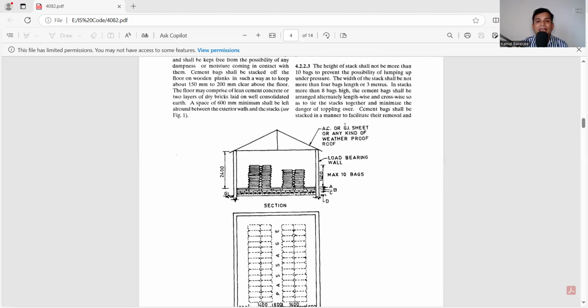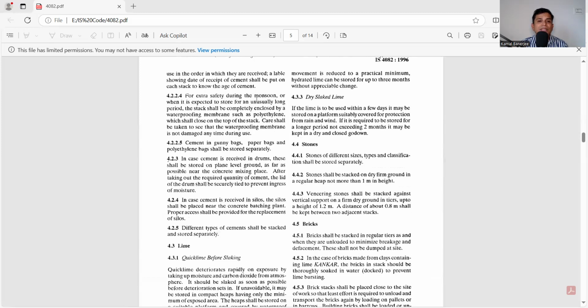Cement bags shall be stacked in a manner to facilitate their removal and use in the order in which they are received. A label showing the date of receipt of cement shall be put on each stack to know the age of the cement. That means it is a continuous process, cement is coming and cement is going. So it is recommended that the cement that comes first will go out first.